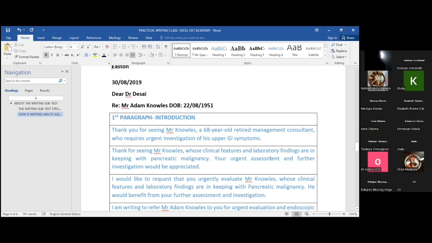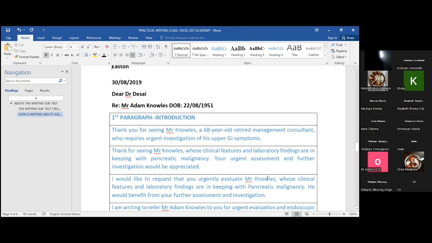It gives you more marks. It makes the examiner feel that you have lots of vocabularies. As I mentioned, one of the things that you're having marks for is your vocabulary. Okay, so your urgent evaluation or your urgent assessment, okay, fine. And further investigation would be appreciated. That's one way.